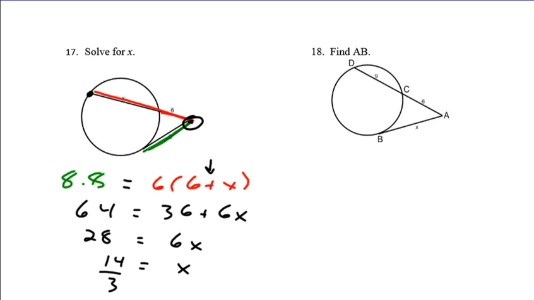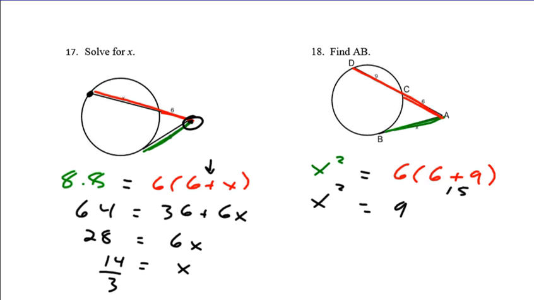Same thing on this problem. We have x times x for that line, and 6 times 6 plus 9 for that problem. These are equal to each other. X squared equals 6 times 9 plus 6, which is 15. 6 times 15 is 90.